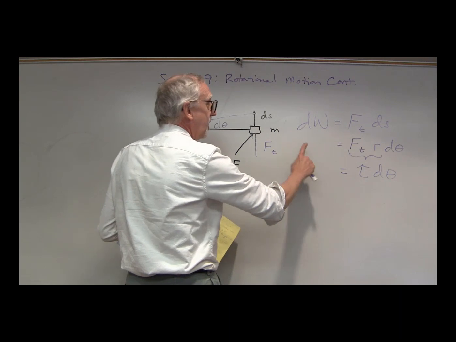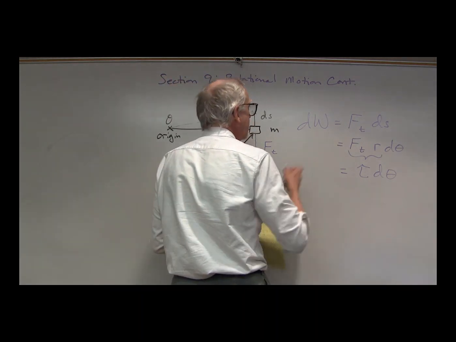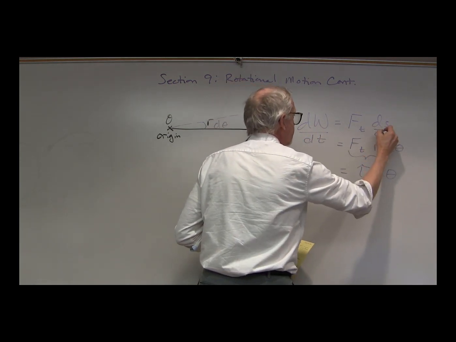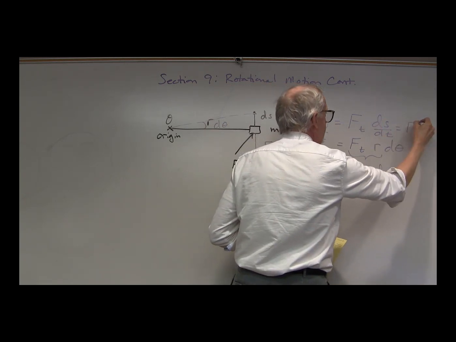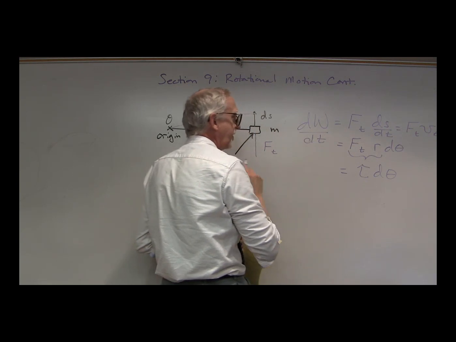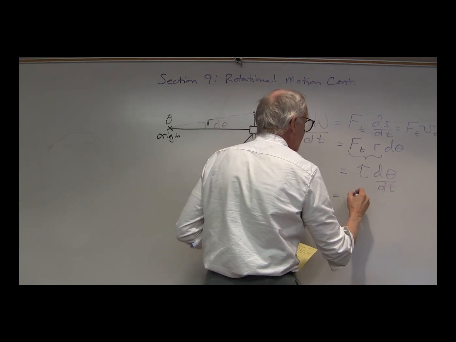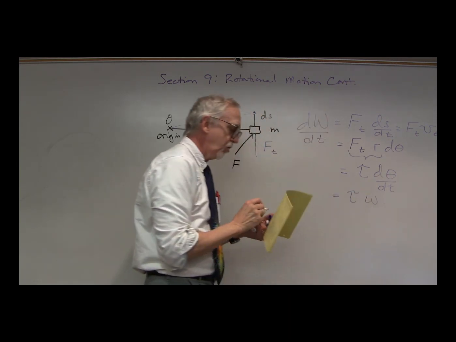What about the power? If we divide by delta t, or dt, this would be ds over dt, which would be F times the velocity, Ft times the tangential velocity, to be specific. We divide by delta t, dt, what do we get? We get tau, d theta over dt is omega, tau omega.